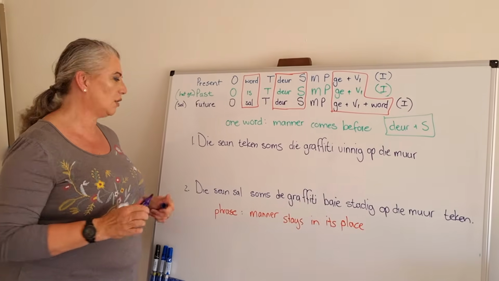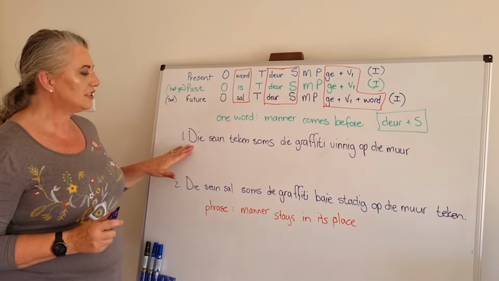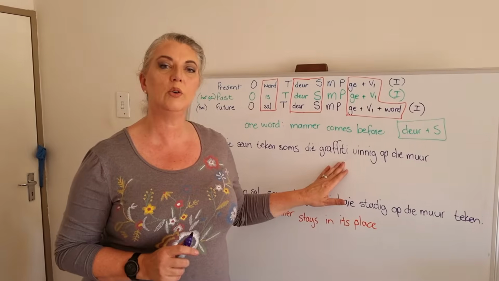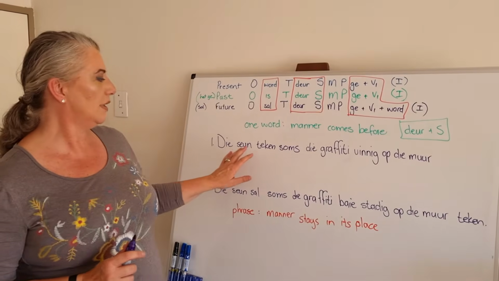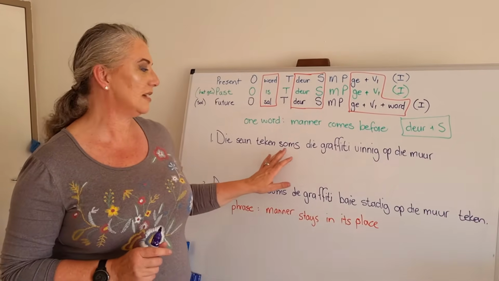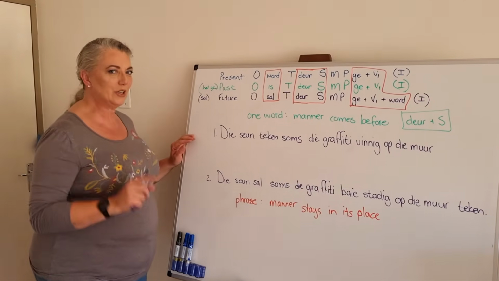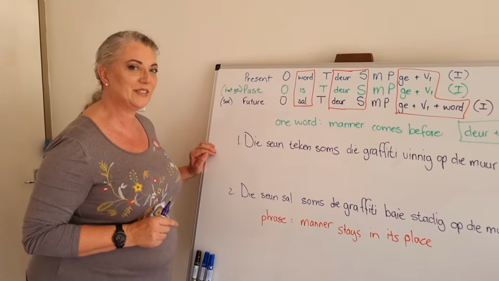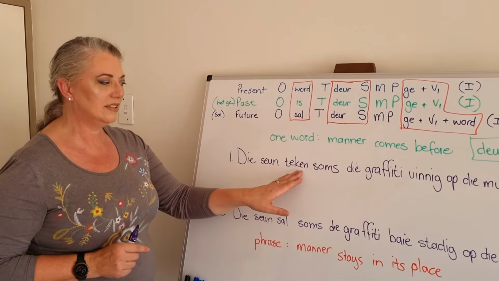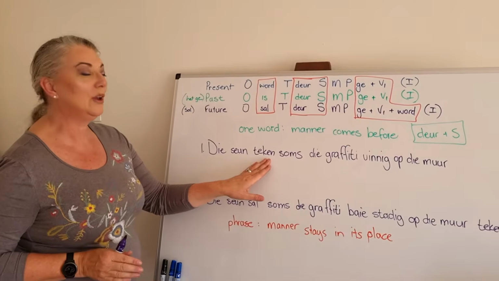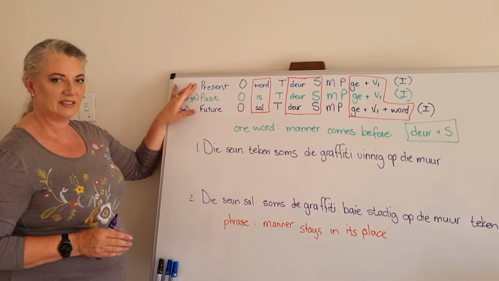Let's have a look at an example. The first sentence. Die seun teken soms die graffiti vinnig op die muur. The boy draws sometimes the graffiti quickly on the wall. First thing we do, remember, what tense do we have? Die seun teken. No het, no sal, so we know this is present tense.